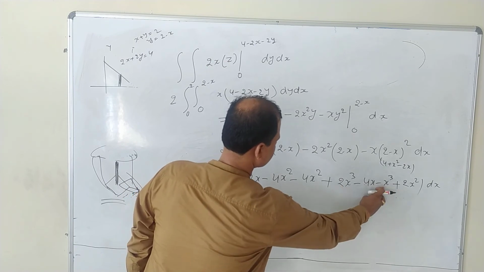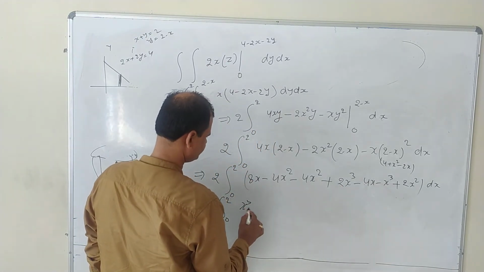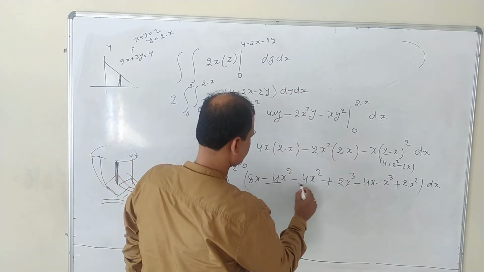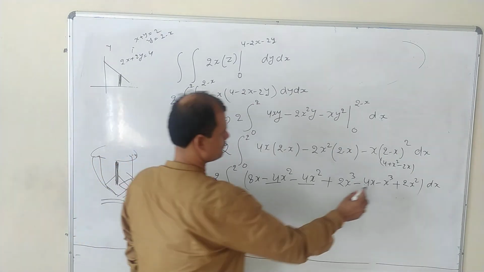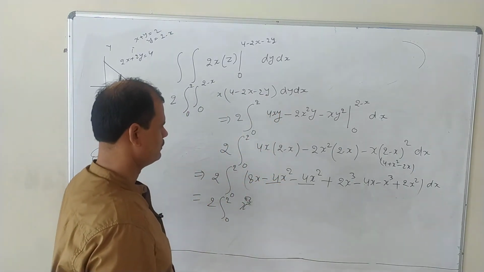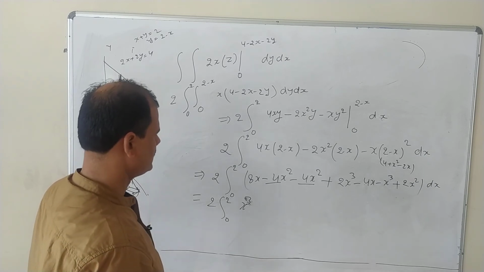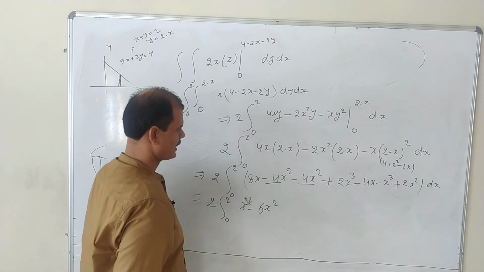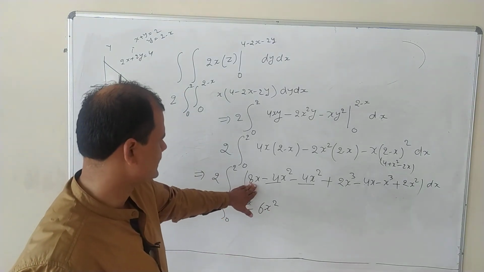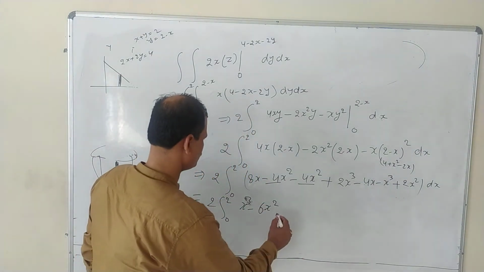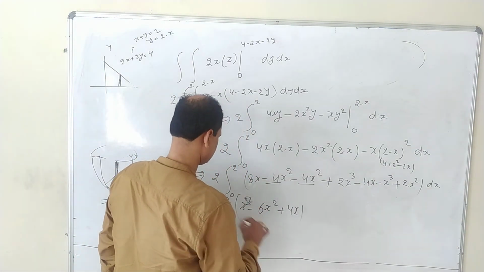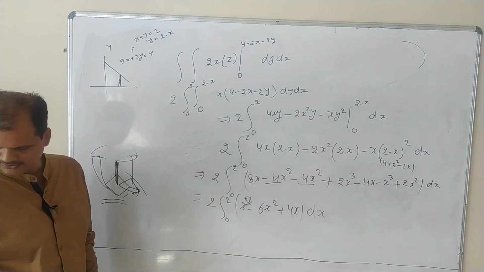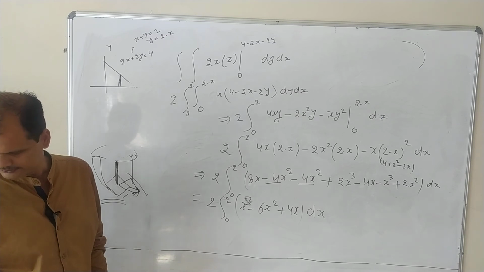So 2x cube minus x cube, so we get x cube here, fine. And x square, so minus 4x square minus 4x square, and plus 2x square, so minus 8 plus 2, minus 6x square, right? And x, so 8x minus 4x, so 4x dx, fine. x cube minus 6x square plus 4x dx.